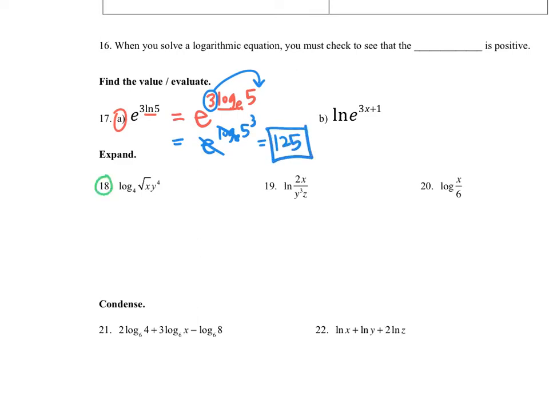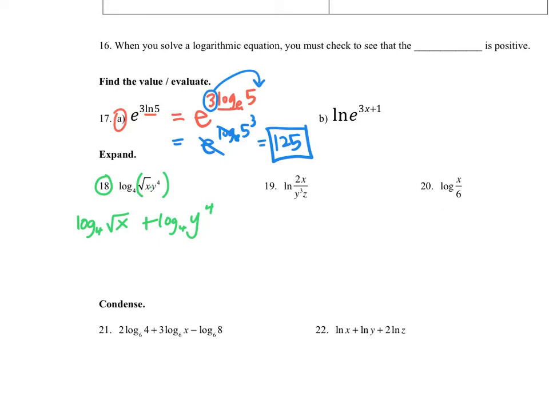Looking at number 18, expanding the following. So I have log base 4 of this whole thing. There's 2 things inside, right? I'm multiplying 2 things. So the shortcut way of doing this is knowing that you're going to have 2 separate things at the end, log base 4 of the square root of x plus log base 4 of y to the 4th.